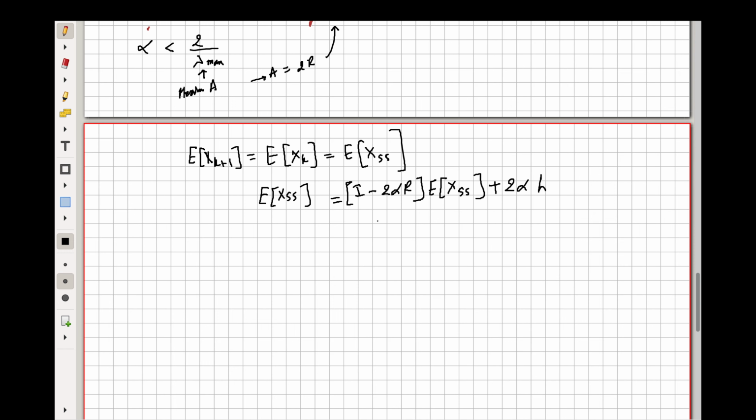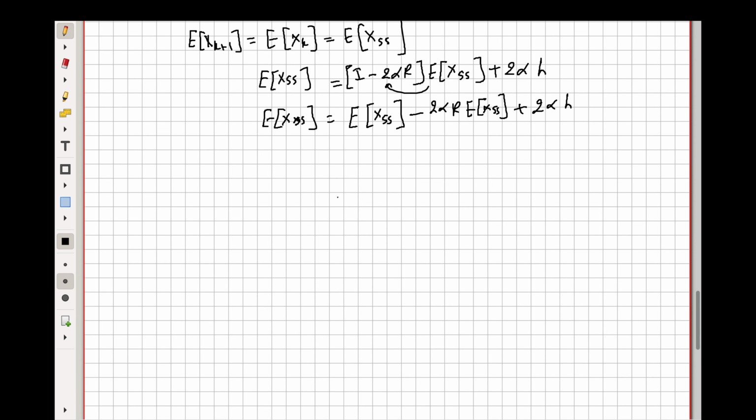Now we distribute the E of x_ss across the brackets, and so what we get is E of x_ss is equal to E of x_ss minus, we are essentially multiplying it all here, 2 alpha R E of x_ss, plus 2 alpha h.